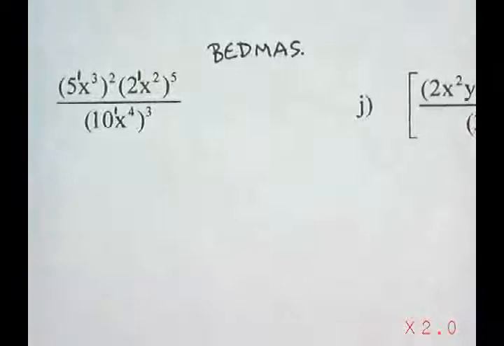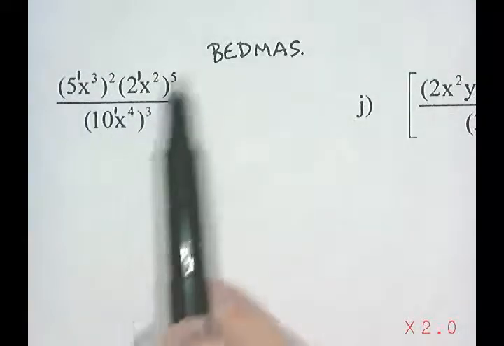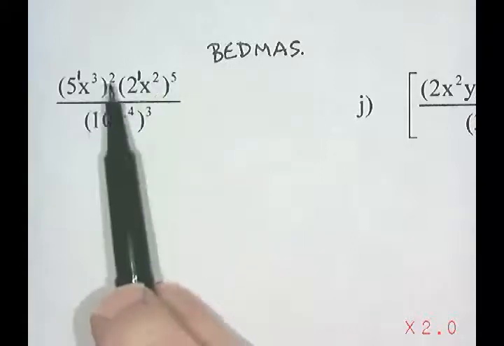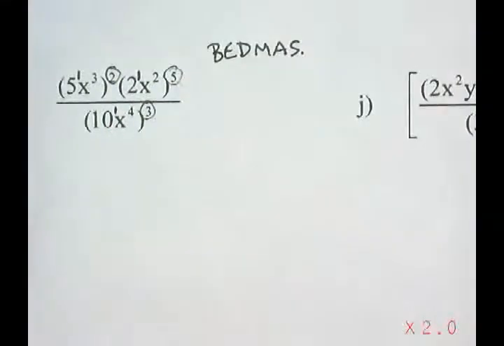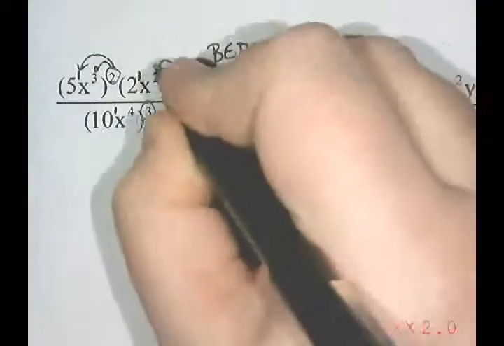So I am going to start with brackets. There really isn't anything to do inside of any one of those brackets. Next up, exponents. That's the 2 on the outside of this bracket, the 5 on the outside of this bracket, and the 3 on the outside of that bracket. I'm going to multiply those in to each of those brackets.